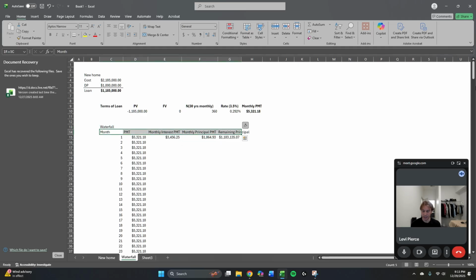And let's just do that. Now, next month, we have our remaining principal, and then we want to know our interest payment. We calculated the principal balance for the first month. Now we drop down here to calculate our monthly interest payment, and we multiply our remaining principal by the interest rate, right?